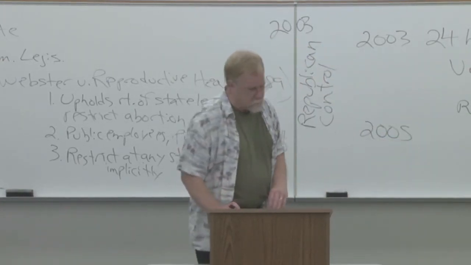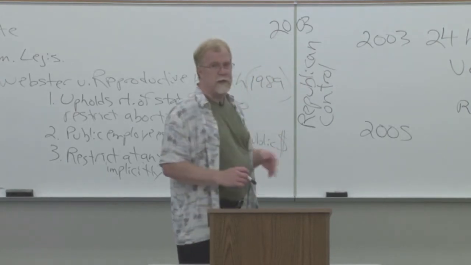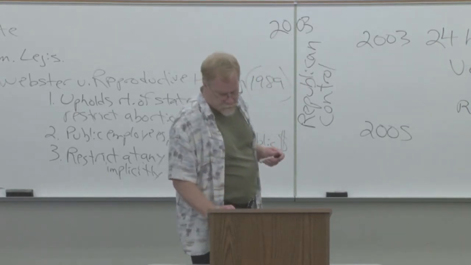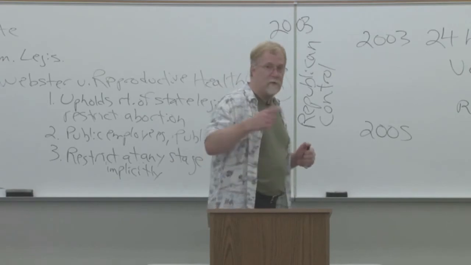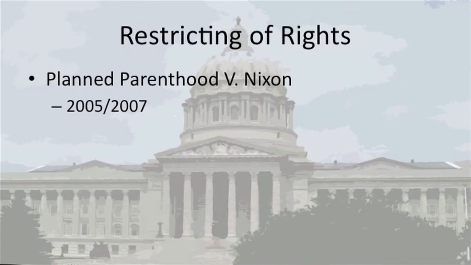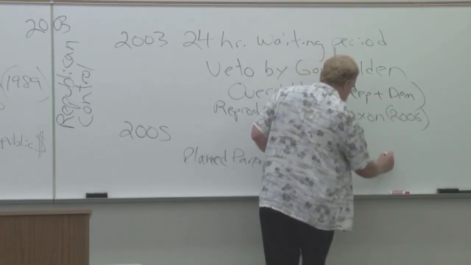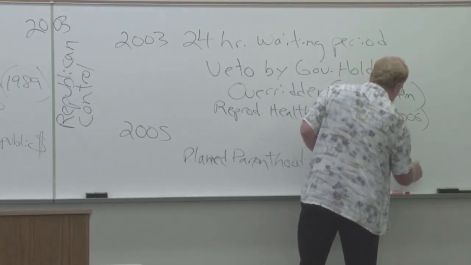Now, this, of course, like everything else here, is going to be challenged in court. It goes to the Missouri State Supreme Court. Again, Planned Parenthood versus Nixon. So how are we going to do this? You're going to have to remember these, in part by the year, and in part by who's who.